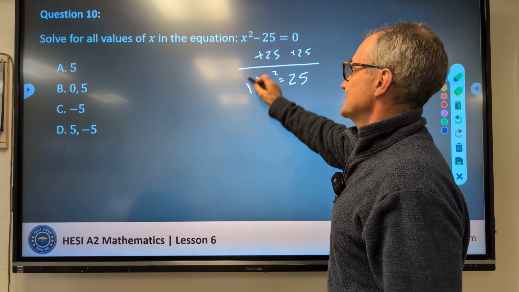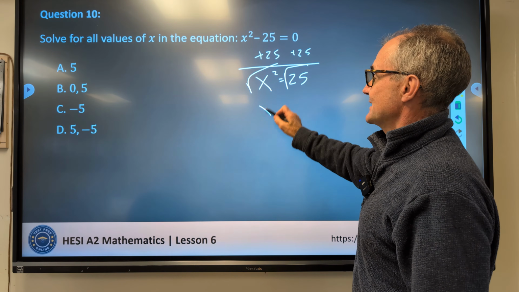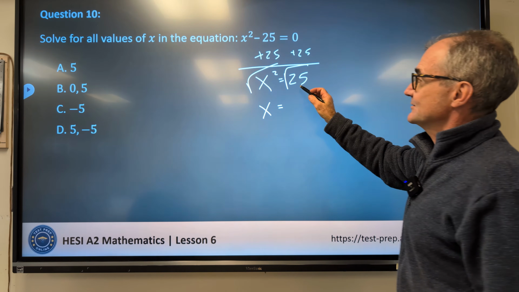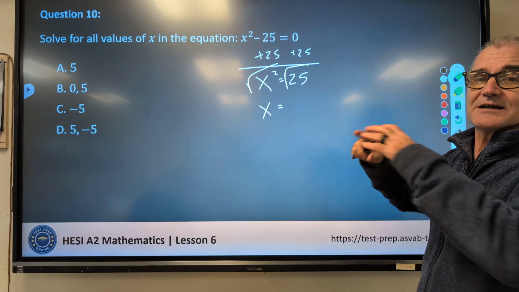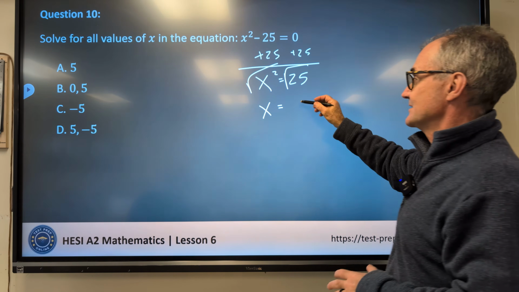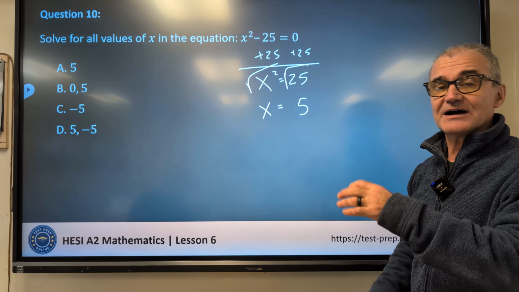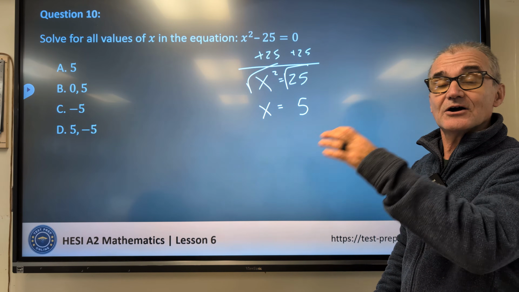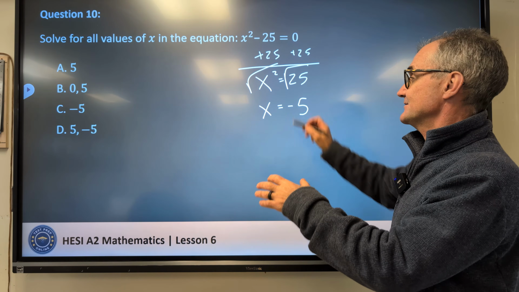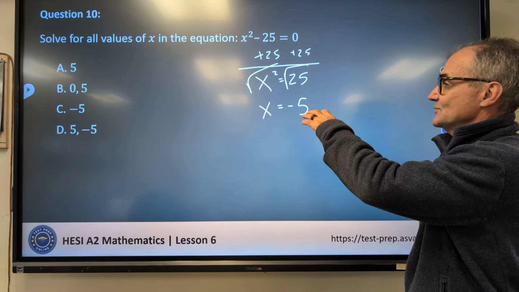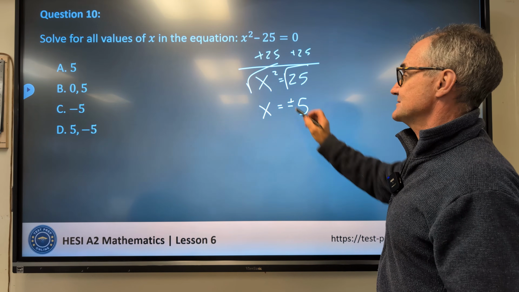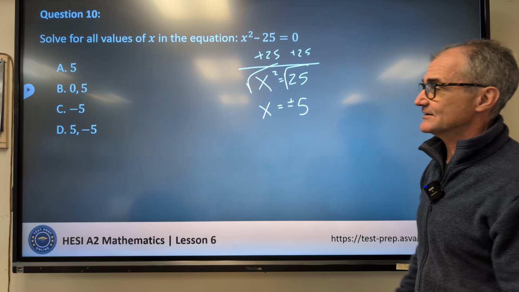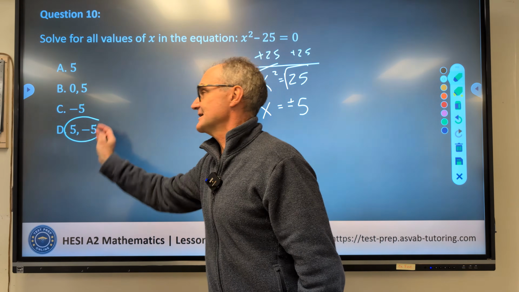Take the square root of both sides. That gives me x by itself. And then the square root of a number is saying what times itself equals 25. So you think it's 5, but 5 times 5 is 25. Also, negative 5 times negative 5 is 25. So there are two solutions here, both positive 5 and negative 5. So the correct answer is answer D.